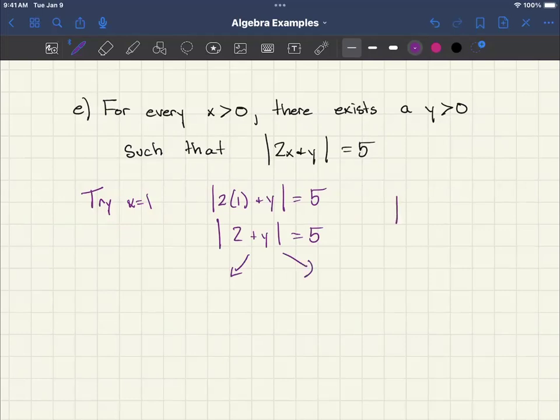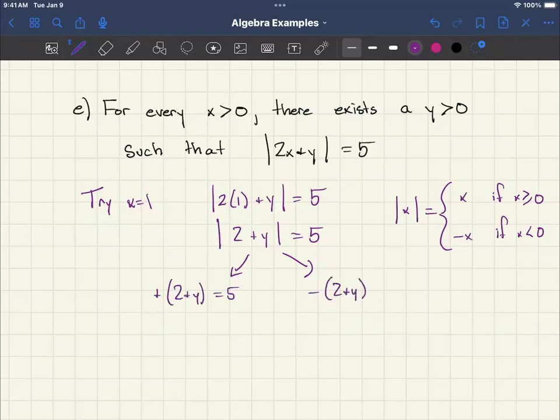Remember, absolute values are equal to the positive if it's already positive or 0, and the negative of its input if it's less than 0. So we're going to do a positive 2 plus y is equal to 5, and a negative 2 plus y is equal to 5, and see what happens. In this first one, we can subtract 2 from both sides. We get y is equal to 3.